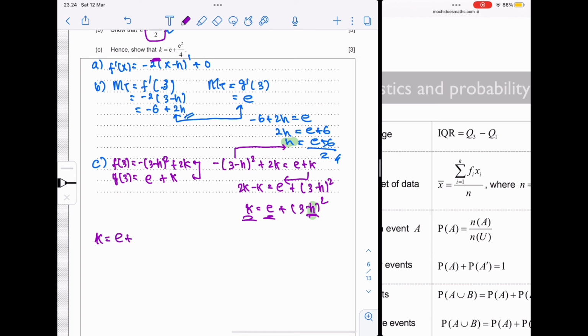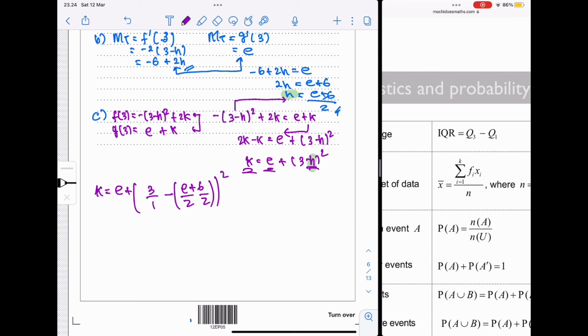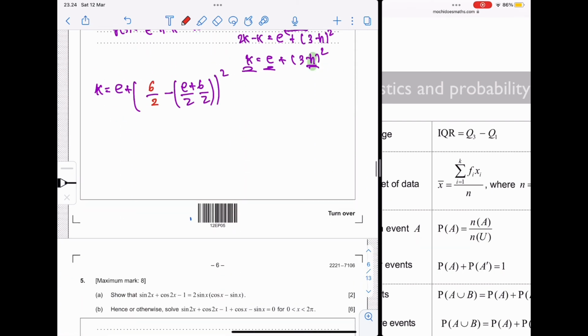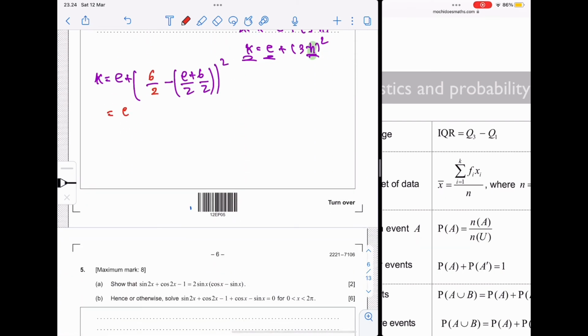K equals e plus (3 over 1 minus (e plus 6) over 2) squared. I'll make the denominator the same. I'll multiply both by 2. Now it becomes 6 over 2, okay? 6 over 2 minus e over 2 minus 6 over 2.